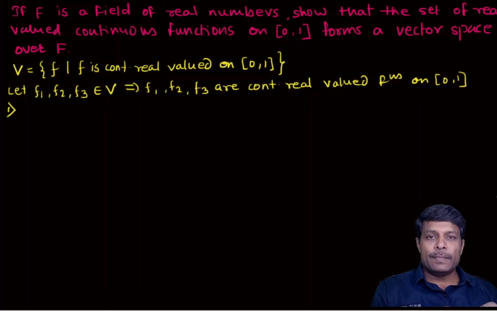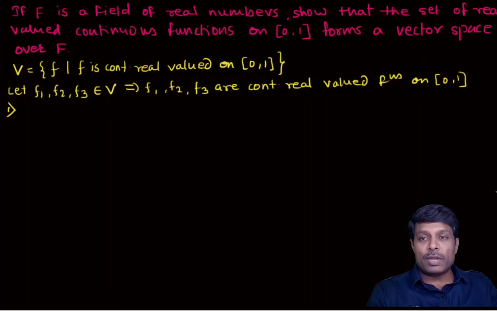And we know that the summation of 2 continuous functions is again a continuous function, and therefore f1 plus f2 will become a continuous real valued function on the unit interval. Therefore it belongs to V, and therefore the closure property is satisfied.